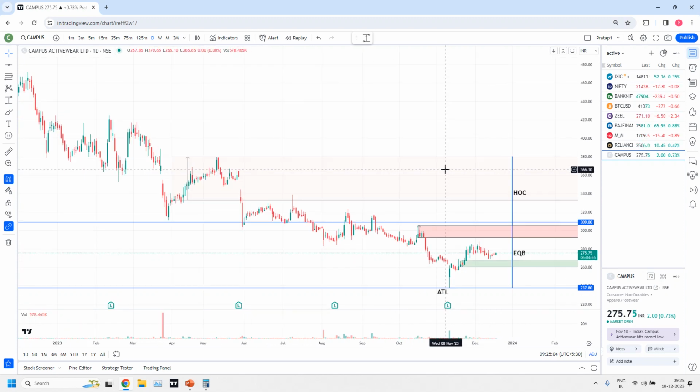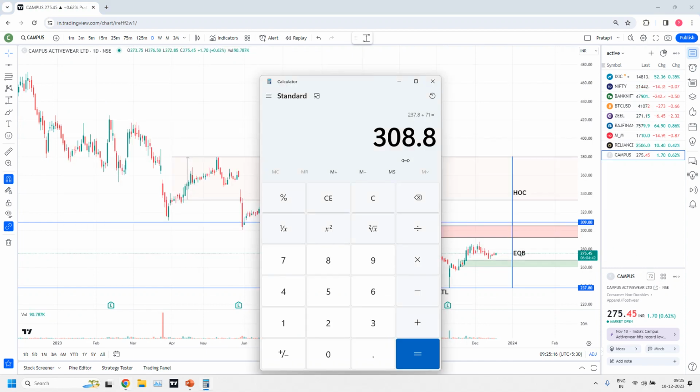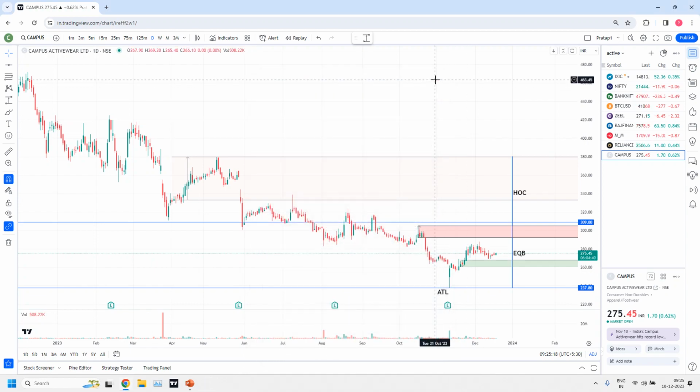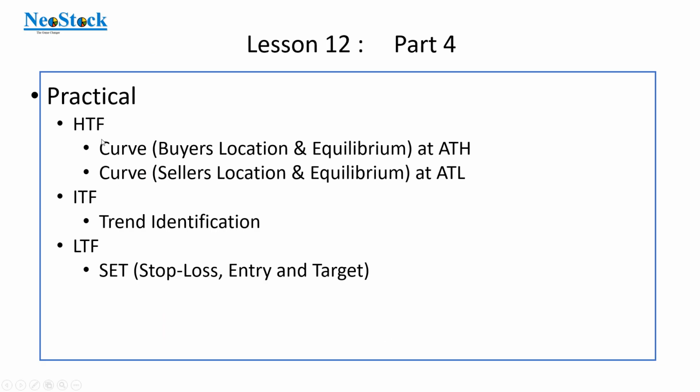So these are the two examples that demonstrated all-time high and all-time low scenarios at a higher time frame, that is HTF zones. Hope you got the clarity with these examples. In the practicals we have seen, we identified the curve at all-time high scenario. We also identified the curve at all-time low scenario at HTF time frames.